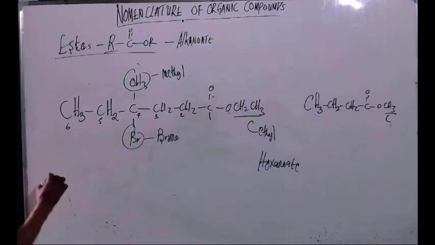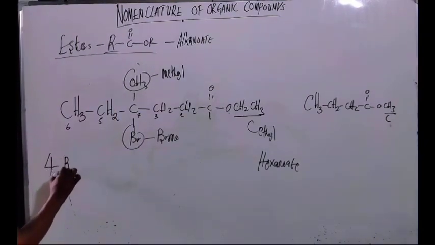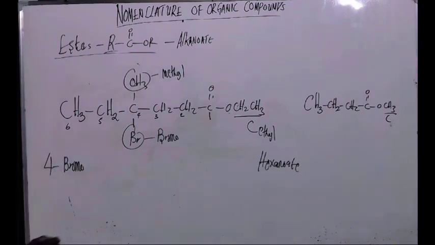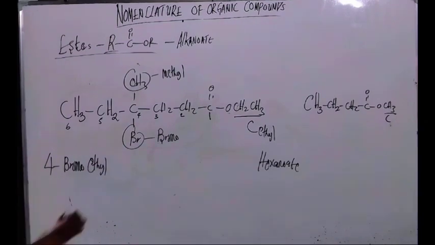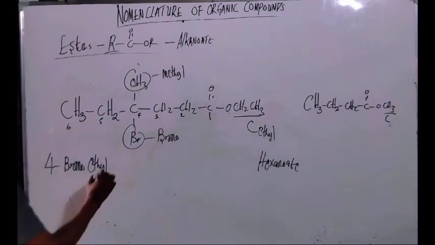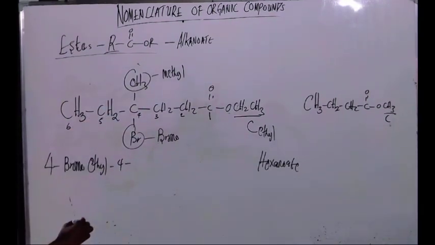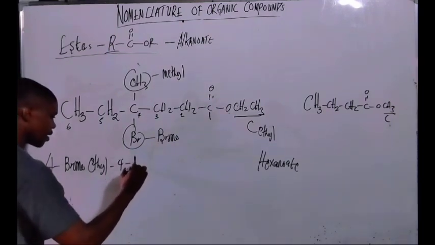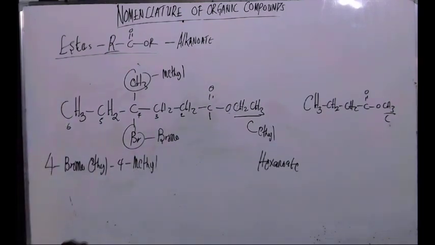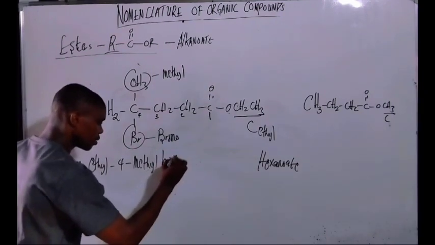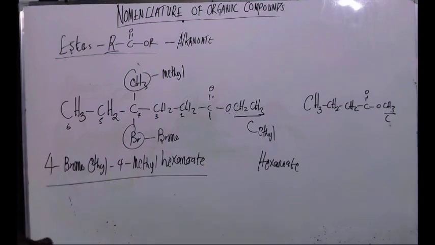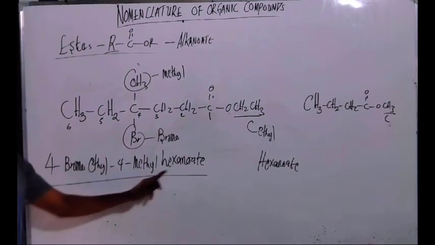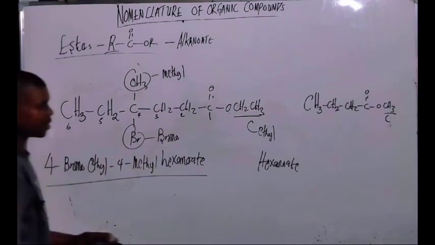So we have 4-bromo, then ethyl, then the methyl on carbon 4. So the name is ethyl 4-bromo-4-methylhexanoate. That is the name of this compound.